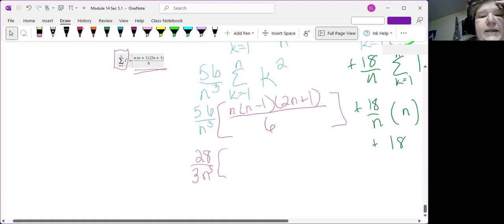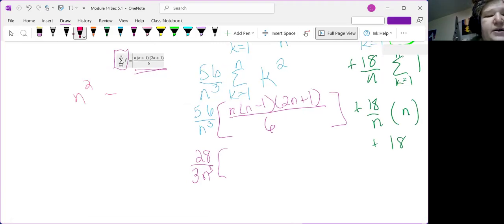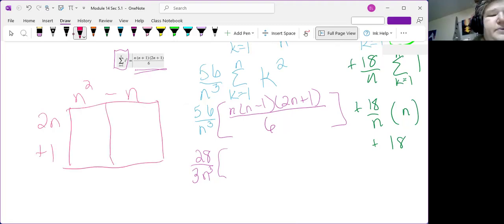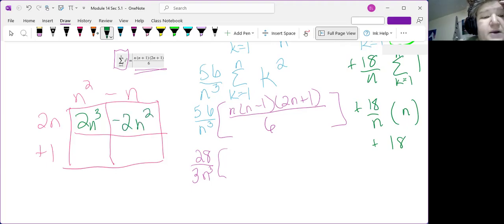But y'all know me, I'm lazy, so I'm going to sidebar it. So the n times n minus 1, that is n squared minus n times the 2n plus 1. We're going to box it. So 2n times n squared will be 2n cubed. 2n times negative n will be negative 2n squared.